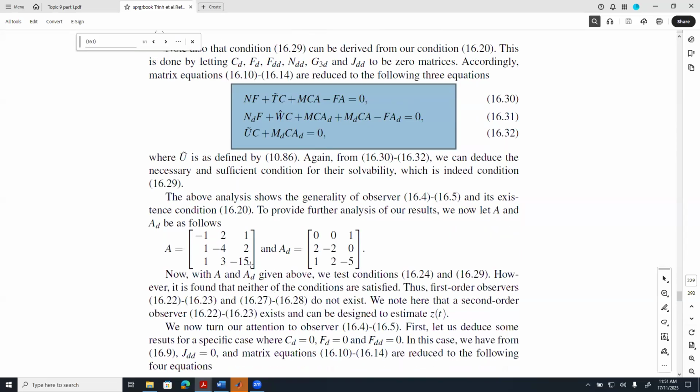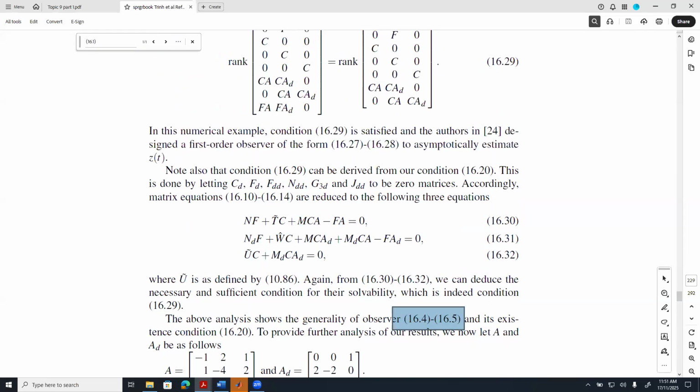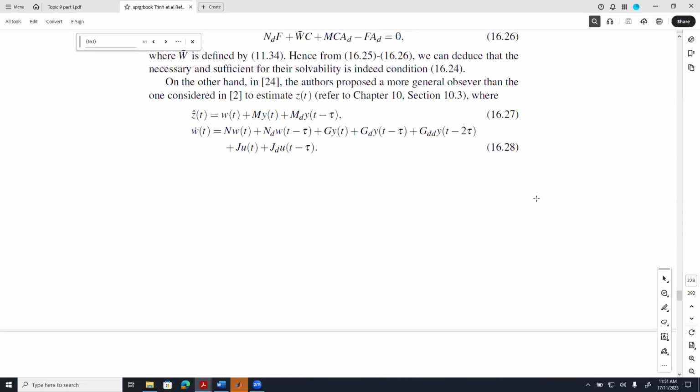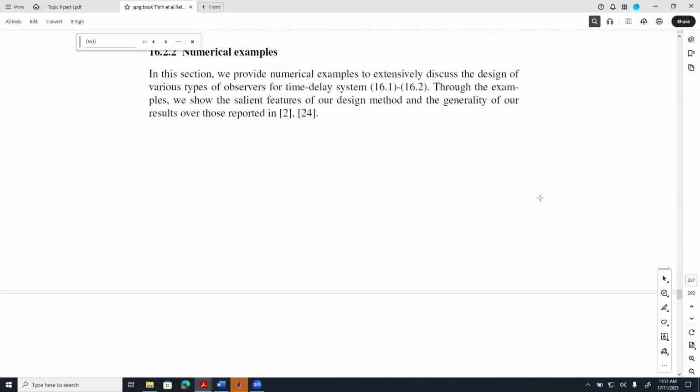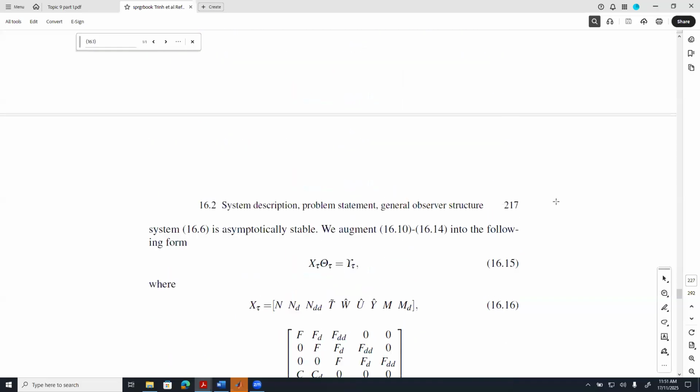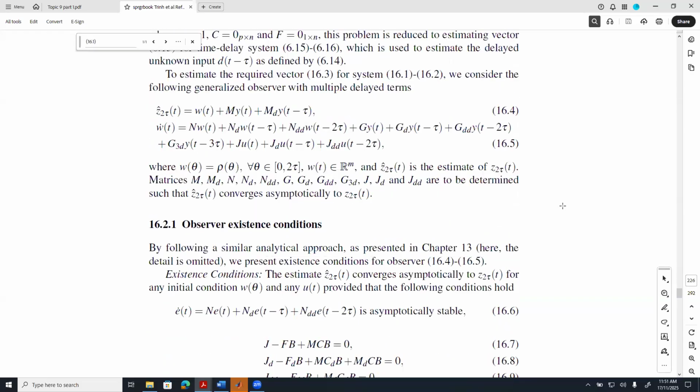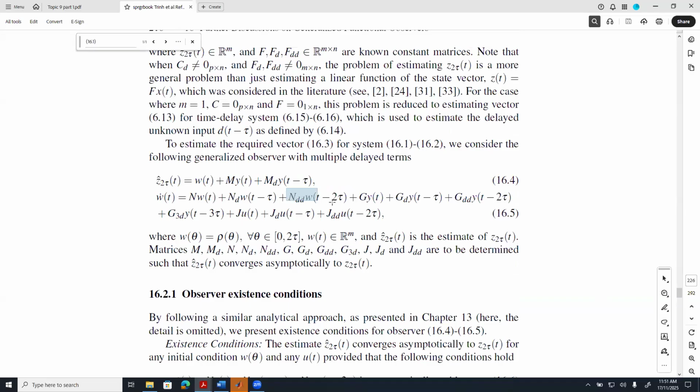Now, we want to go one more step further. We want to show the generality of the observer, the one that has this non-zero matrix NDD in there. Because in our observer structure, we add in an extra term, which is that NDD omega t minus tau there.